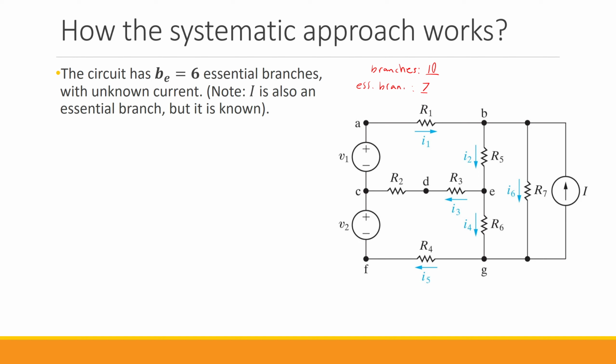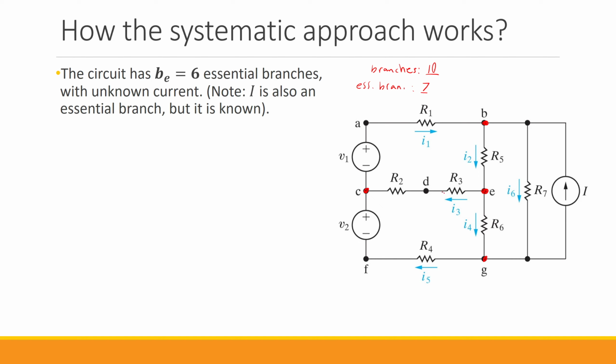You remember, essential branches were the paths that connect two essential nodes. The essential nodes that we have here, basically nodes that are the point of contact of 3 or more components, are B, C, E, G. So this is one essential branch, the combination of V1 and R1.